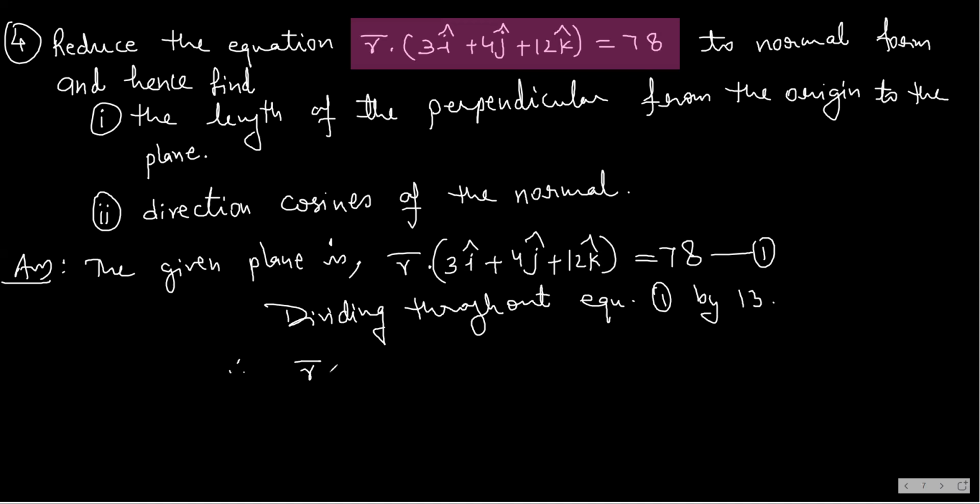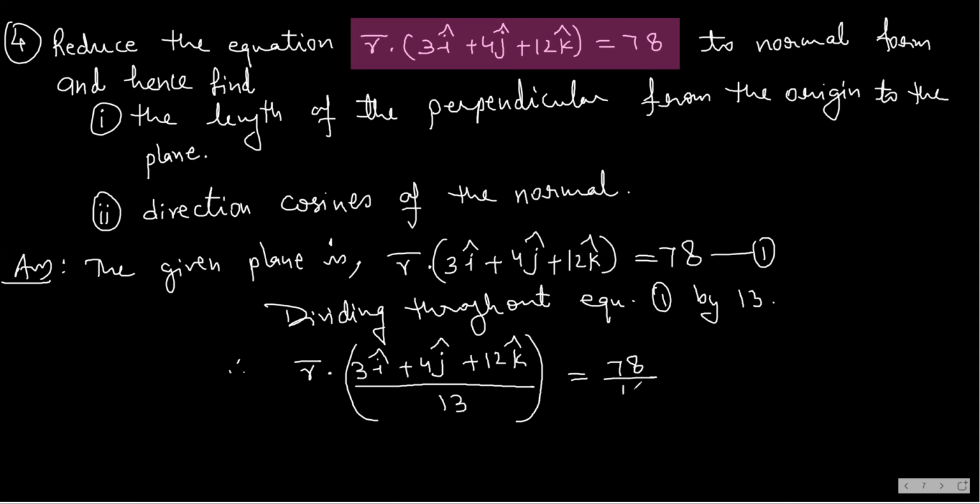Therefore, see what you get. You get r bar dot (3i cap plus 4j cap plus 12k cap) the whole divided by 13. You know, in a dot product, you can divide by 13 either the r bar or the vector. I divided by 13, and here also 78 divided by 13.